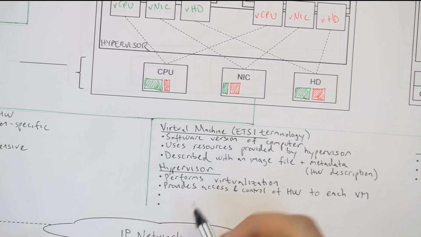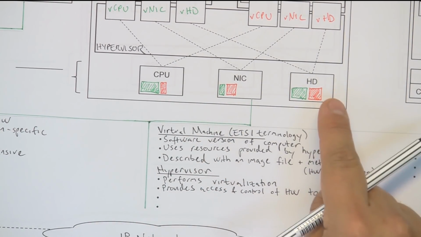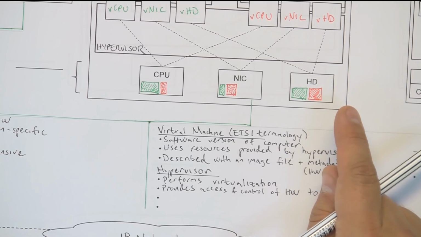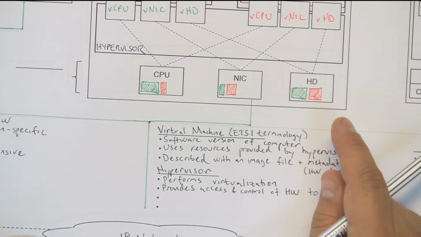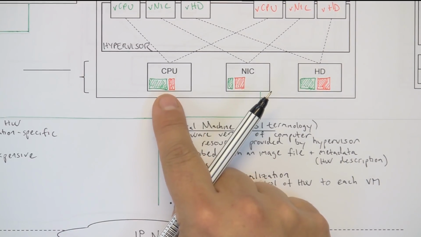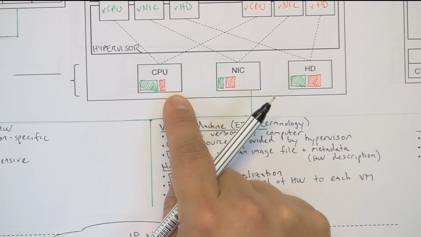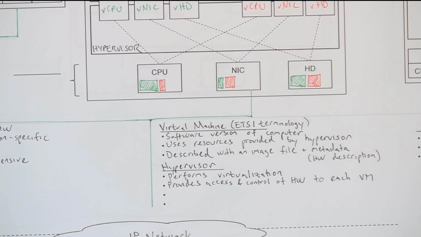All right, almost done. We have 2 bullets left, but it's easy because we have pictures to describe what we're writing down here. So the next one will be partitions physical resources and allocates them to VMs. So that's exactly what we see here, the partitioning of the physical resources. Lots of green, a little bit of red. Rest is as of yet unused.